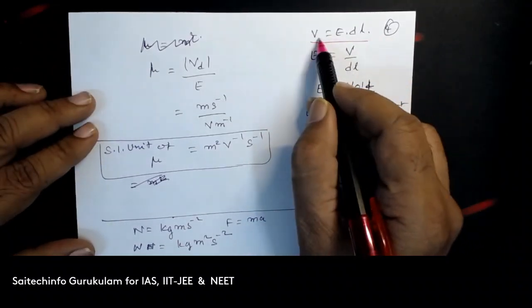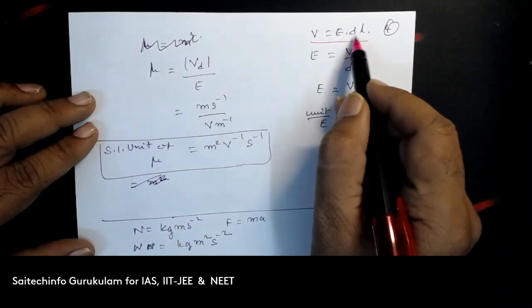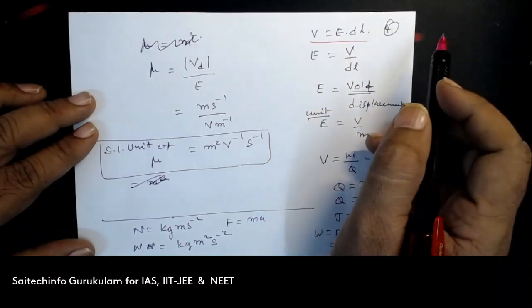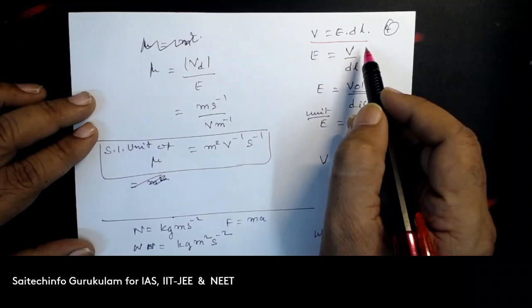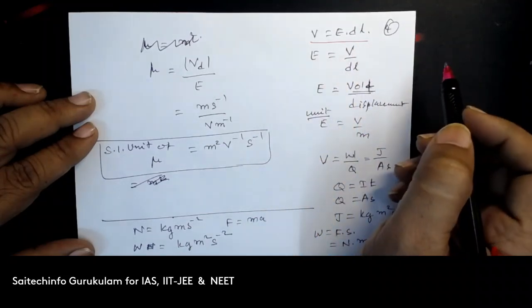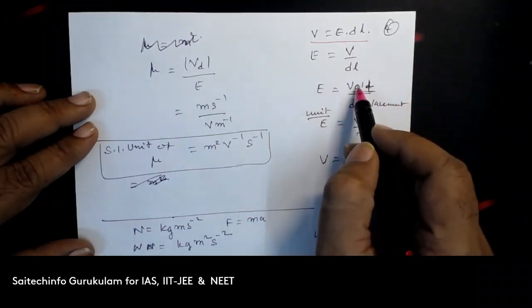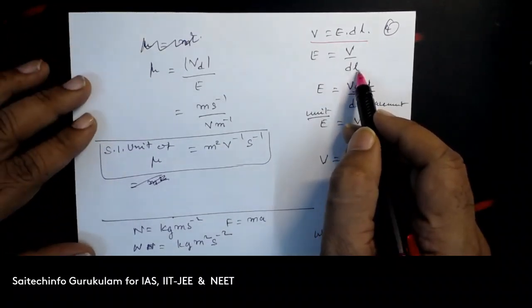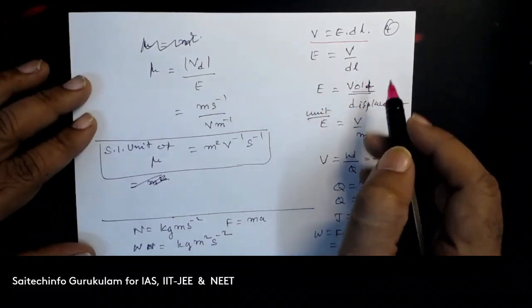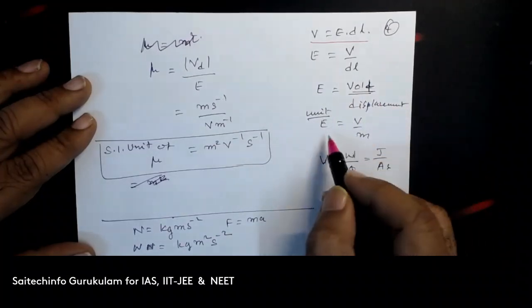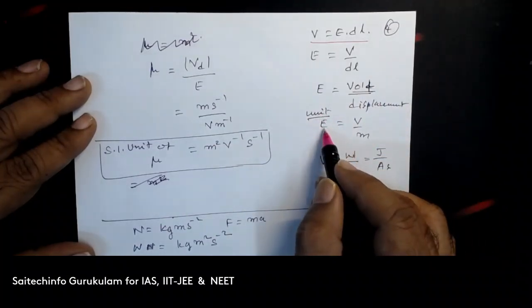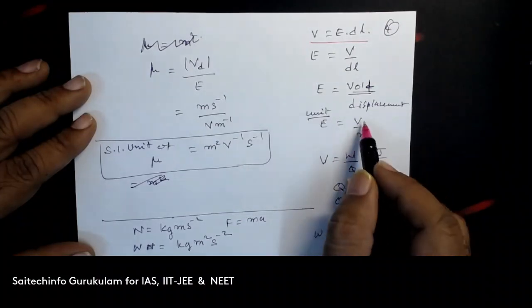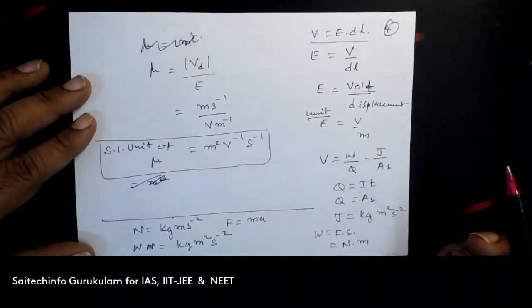So V is equal to electric field into displacement, that is dl. Therefore, E can be defined as V by dl. So V is nothing but volt and dl, the differential element of distance, that is length element or displacement. So the unit for electric field is volt per meter.